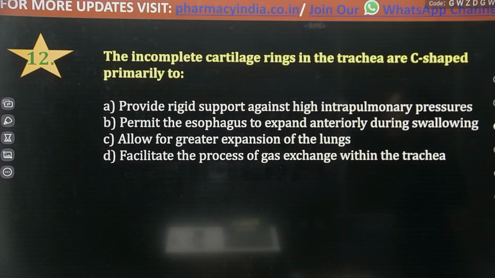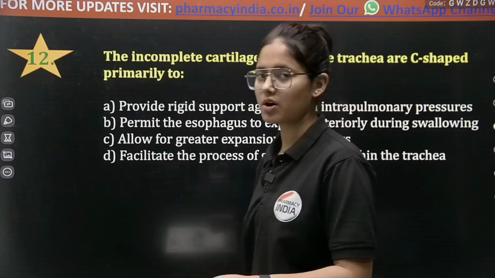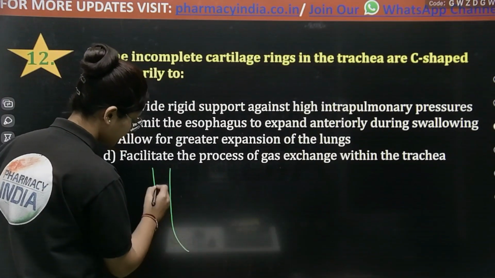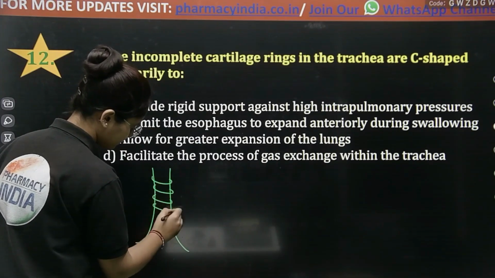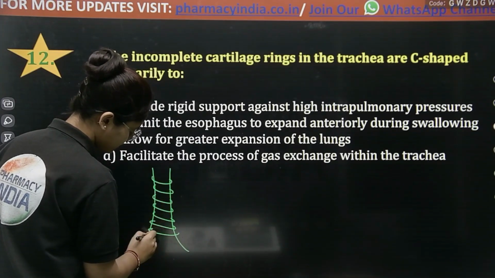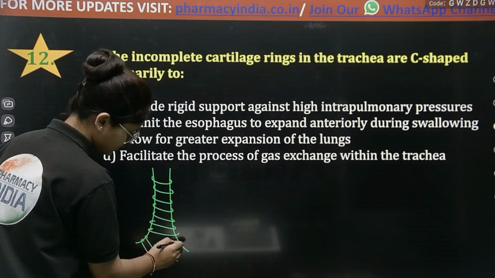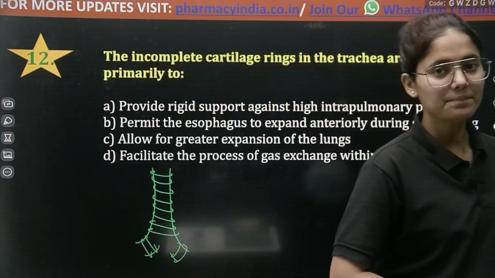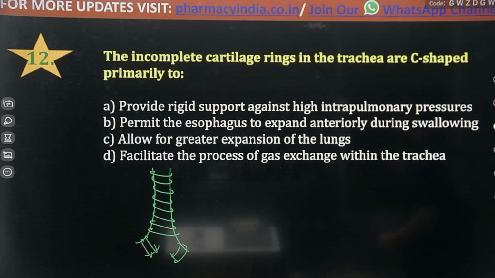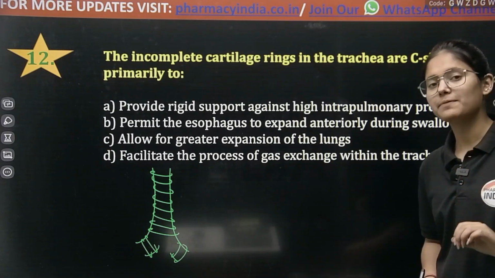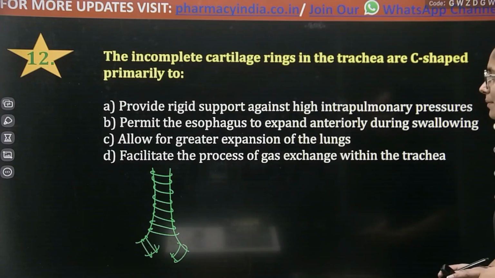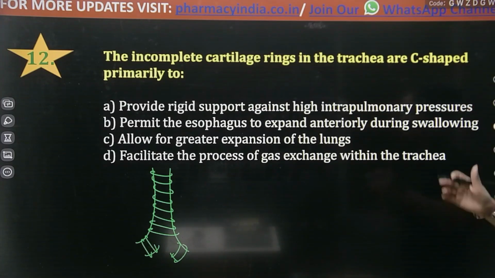The incomplete cartilage rings in the trachea are C-shaped primarily to. What are the functions of these C-shaped cartilaginous rings present over the trachea? Mainly, they help to prevent collapsing of the trachea during inhalation and exhalation, and provide rigid support against high intrapulmonary pressure.